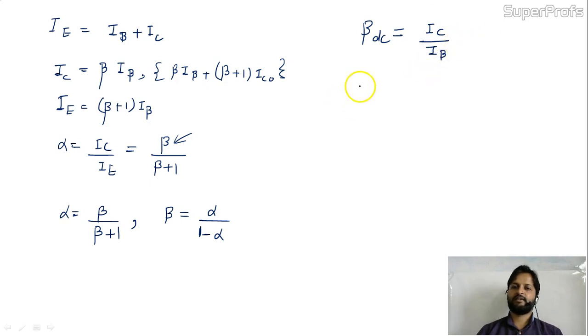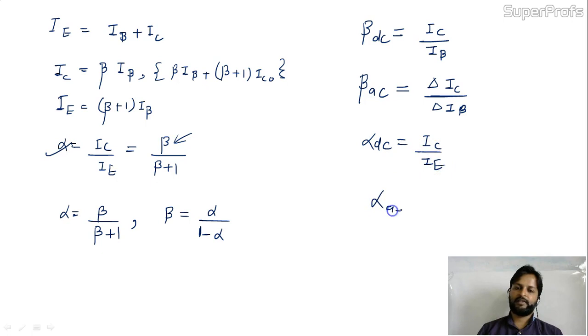These are the DC currents. At the same time, we also have beta AC. For beta AC, we take the change in collector current over the change in base current. Similarly, alpha DC is IC divided by IE, and alpha AC is delta IC divided by delta IE.